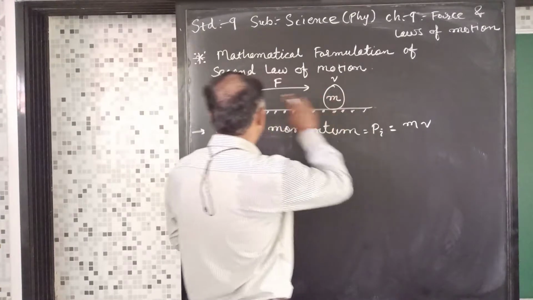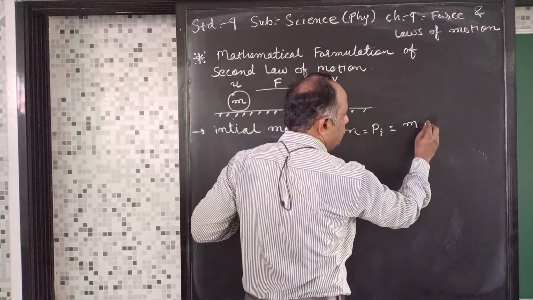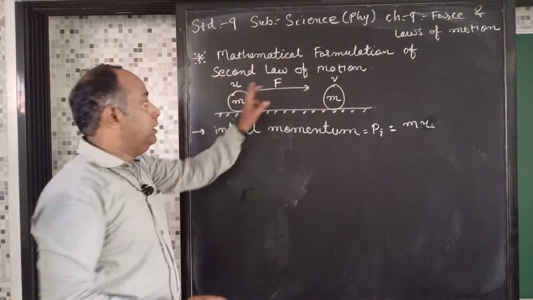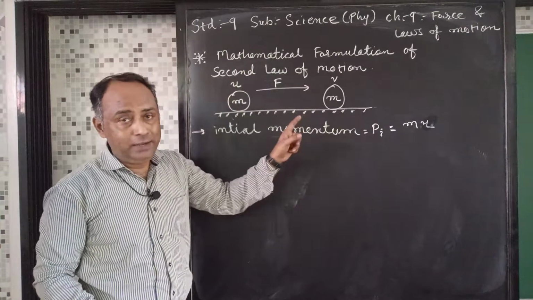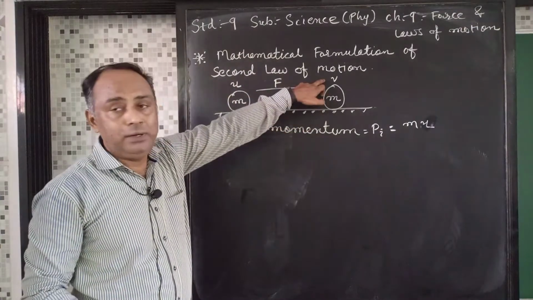Here mass will be m, and the initial velocity we take as u. In the same way, under the effect of external force F, it covers some distance along a straight line and acquires final velocity v.